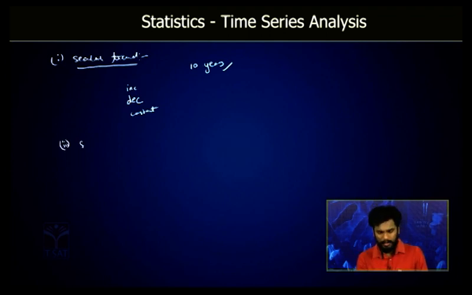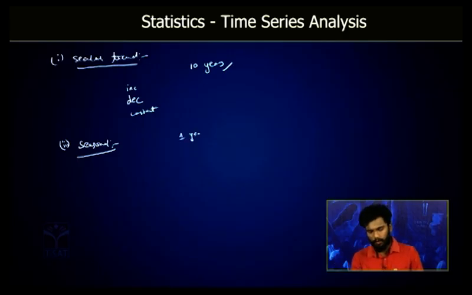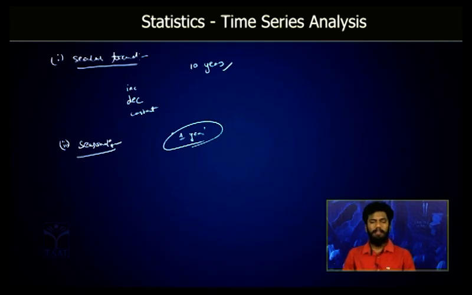Second, seasonal variations. The time period for seasonal variations is usually 1 year. Now what are these seasonal variations? Let us consider an example, the sale of umbrellas.